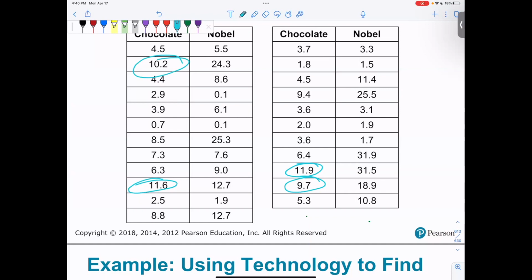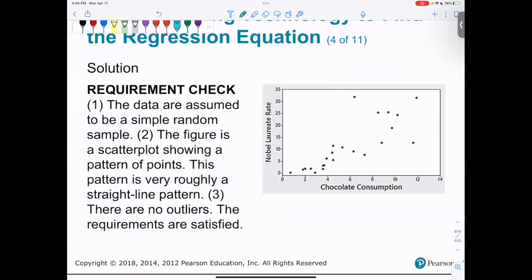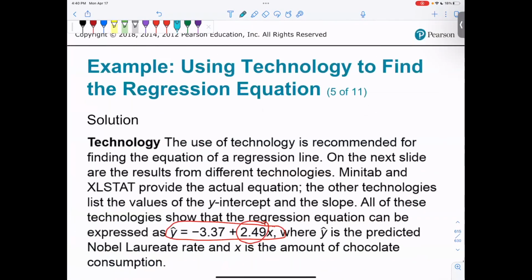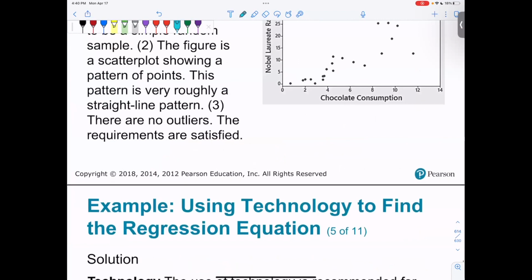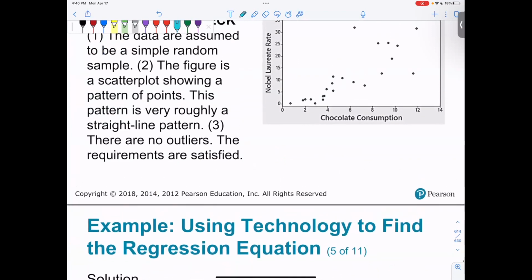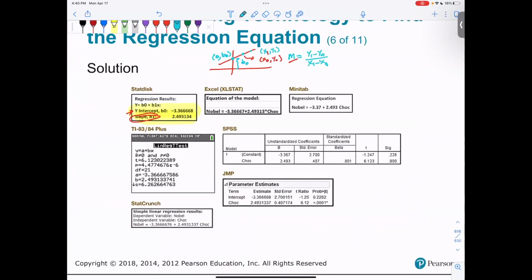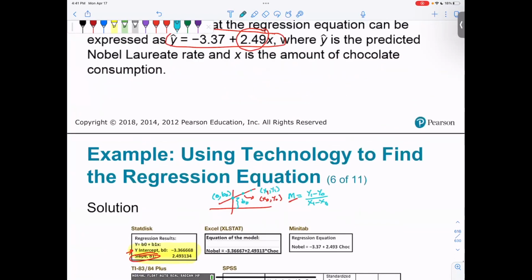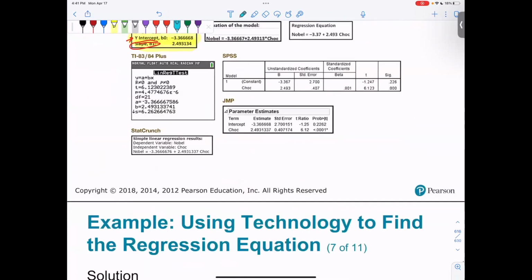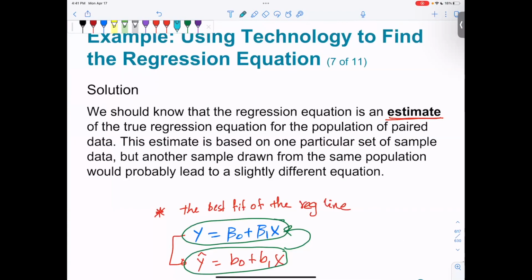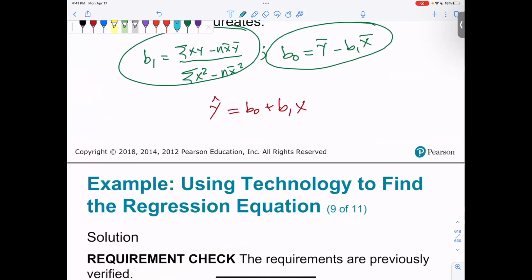This is 1. 2, we did conclude that we have linear correlation, right? When we did study the correlation, we did say we have a linear correlation between Nobel and chocolate consumption, I believe. So we have linear correlation too. Then we can say this is a good model.